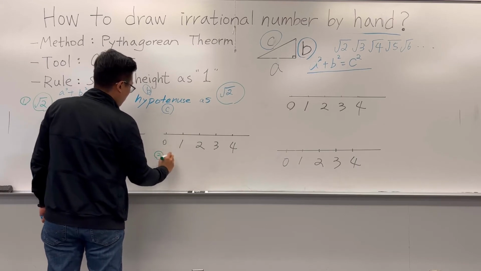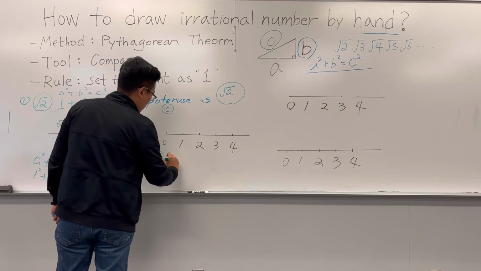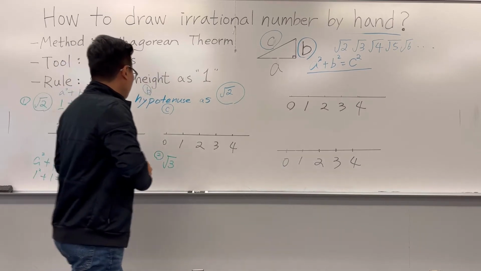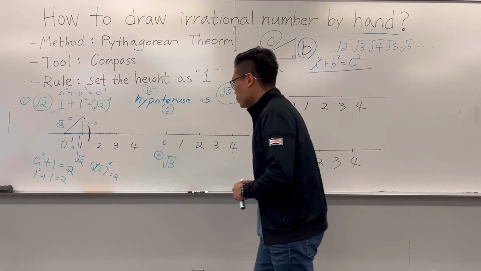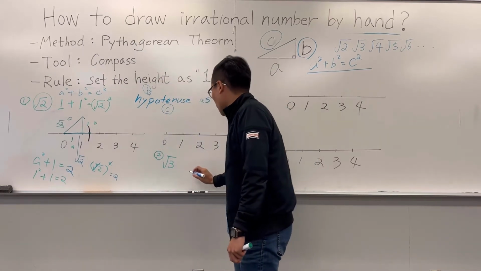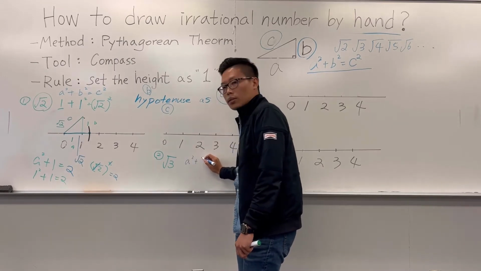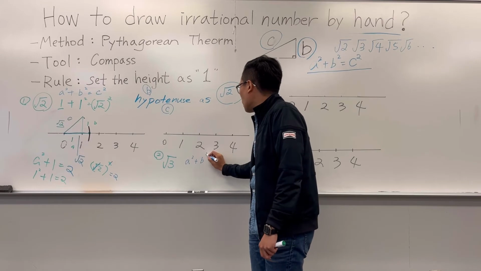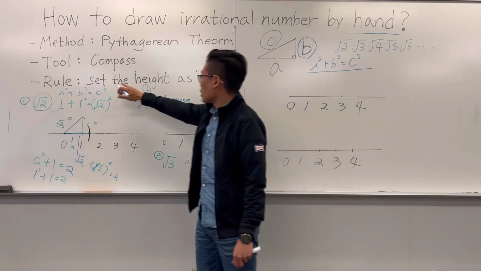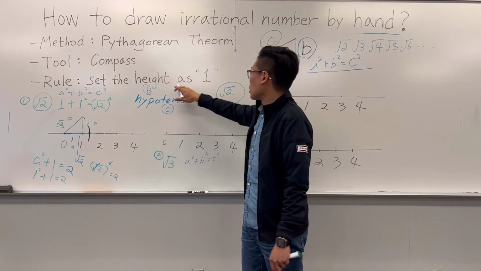The second example, I'm going to draw the square root of 3. Okay, again, the Pythagorean formula: a squared plus b squared equals c squared. And I set the height, by the rule, as 1.